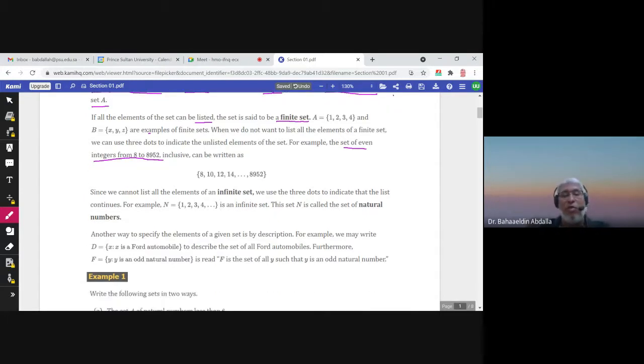We don't have to list all of them if the elements are known. Of course, for an infinite set, we cannot list all the elements. So what should we do? We use the 3 dots at the end.